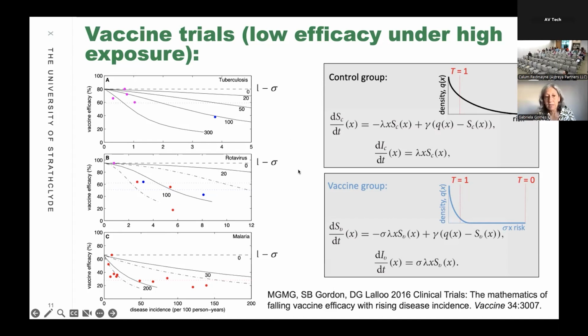Here are vaccine studies. One finding that we see in all the vaccines I show: this is a BCG vaccine, this is a rotavirus vaccine, a malaria vaccine.